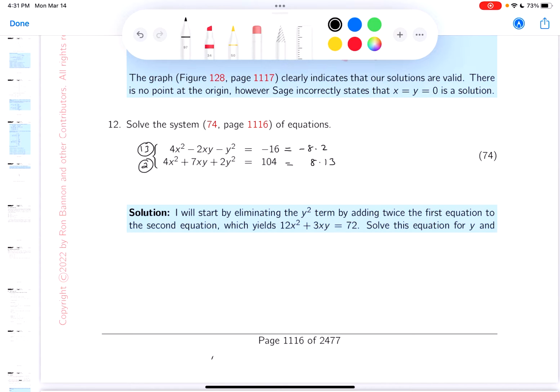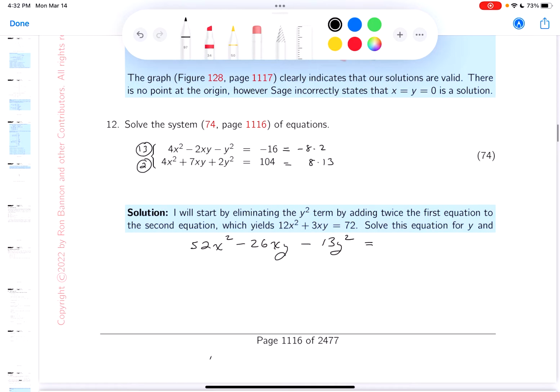And if you do that, what do you get? Let's write that down. You're going to get, 13 times 4 is going to be, let's see, 40 and 12, 52x squared, minus 26xy, minus 13y squared, equals minus 8 times 2 times 13.